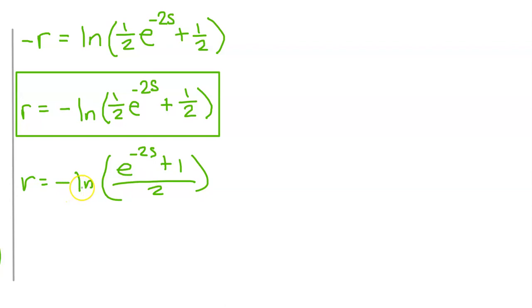Now, properties of logarithms. Remember that if I have c times the natural log of a, I can take that c and put it as an exponent. So I could write this as the natural log of a to the c power. I could take this negative 1 in the front and put it as an exponent inside the logarithm.